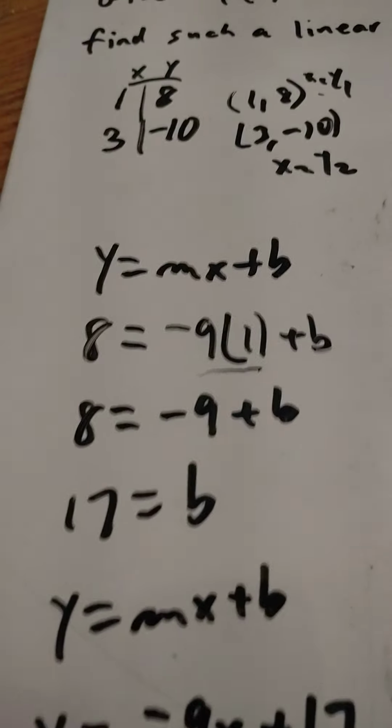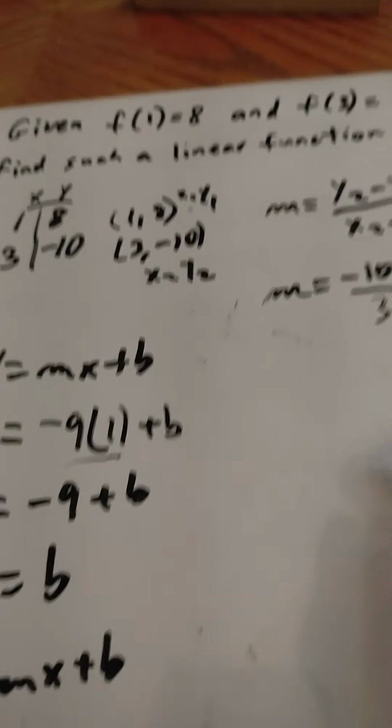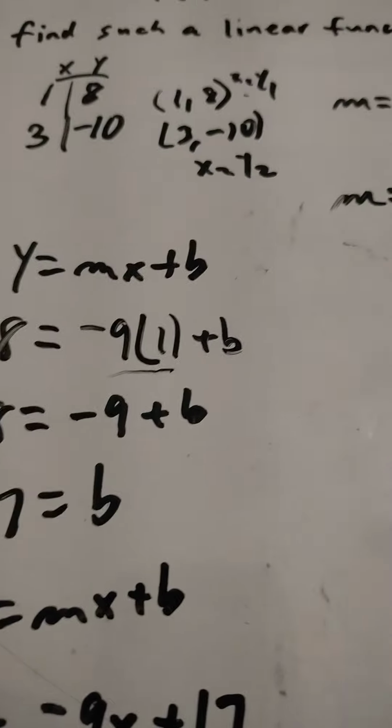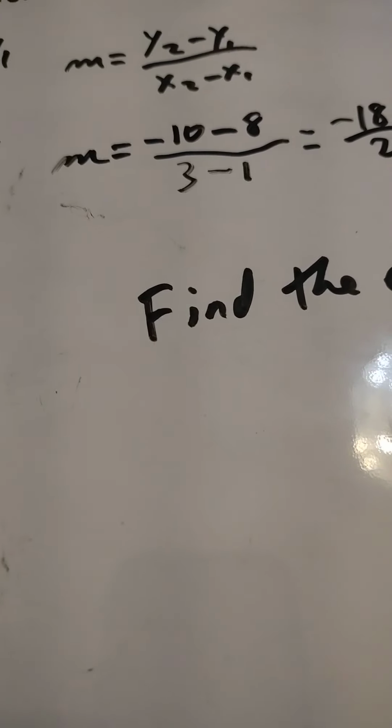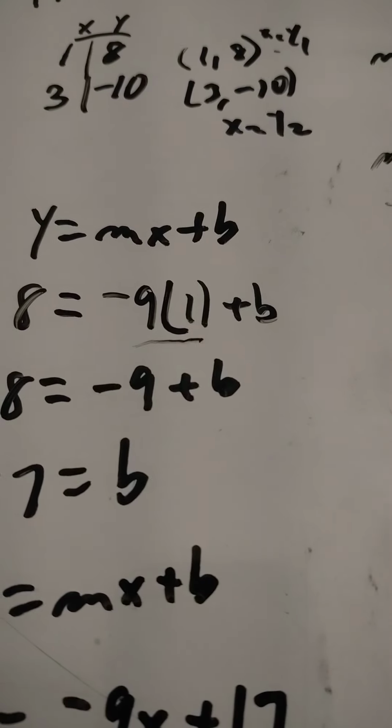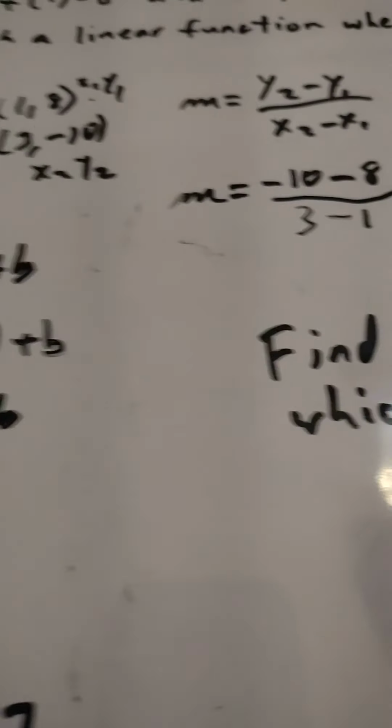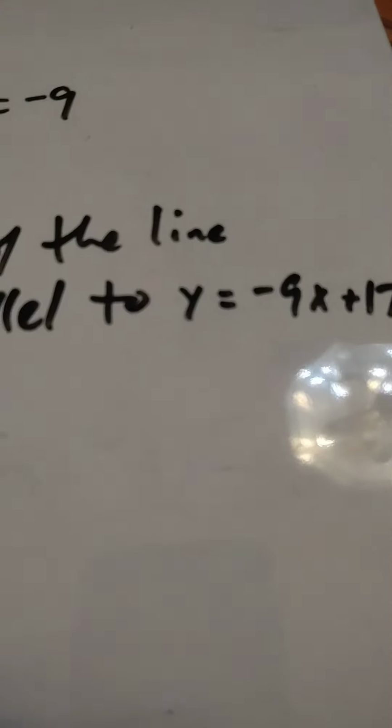Let's stick with this problem. How about if I now do this? Find the equation of the line which is parallel to the given line, y equals -9x plus 17.